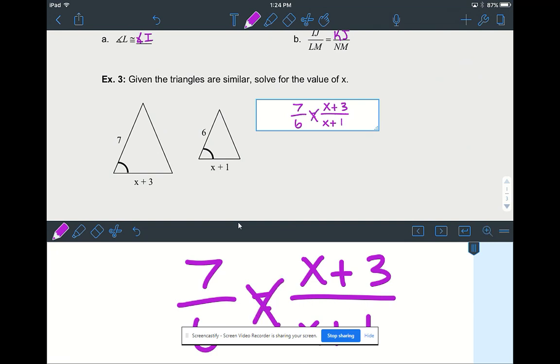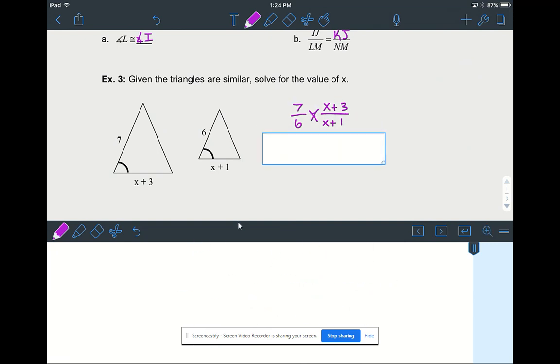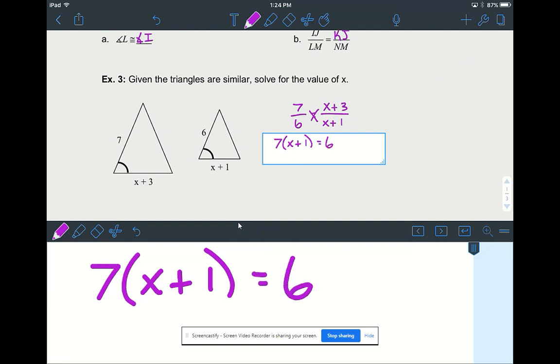So now we can cross multiply. And remember, if you have more than one thing, you have to distribute. So if we slow it down, that would be 7 times the quantity x plus 1 equals 6 times the quantity x plus 3. If you forgot that from Monday's lesson, you have to distribute to everything.